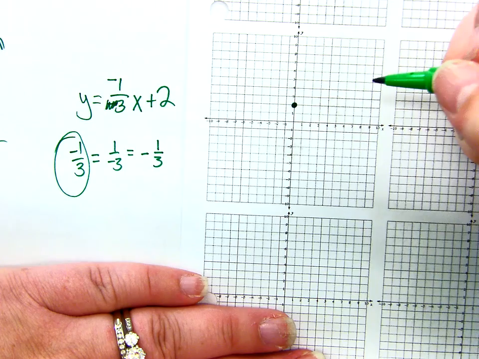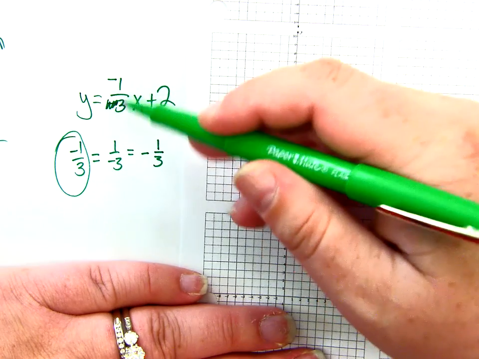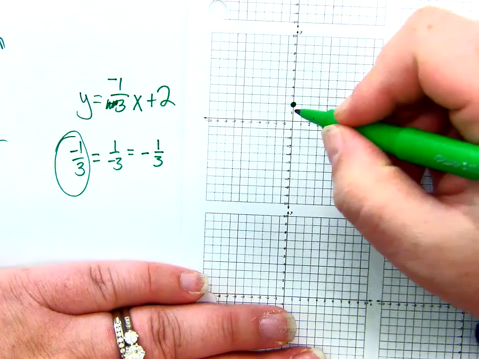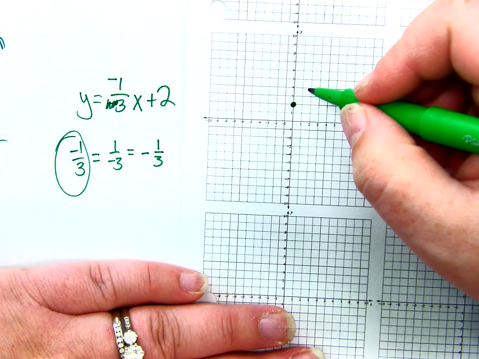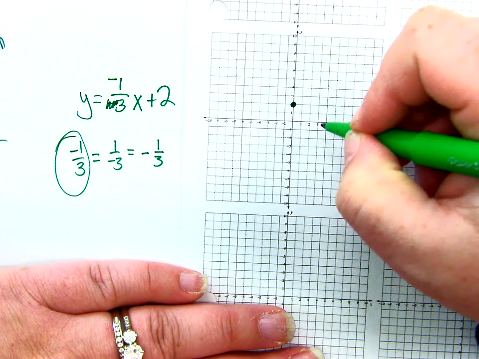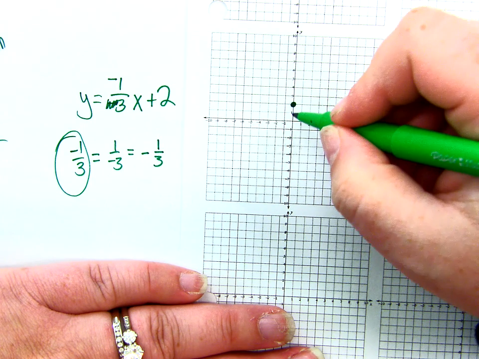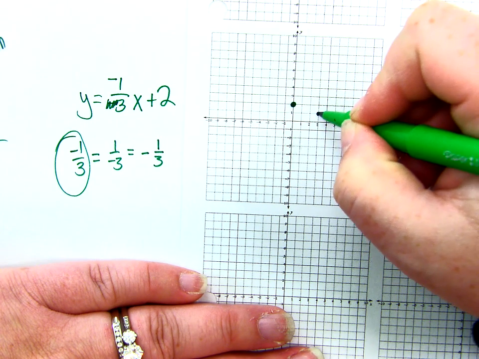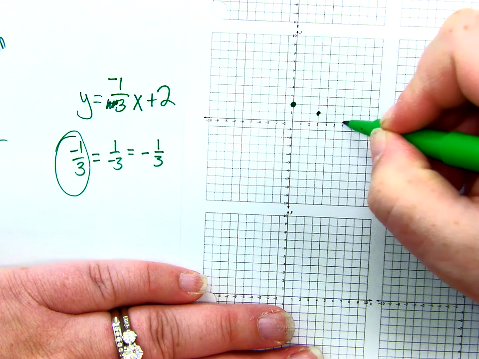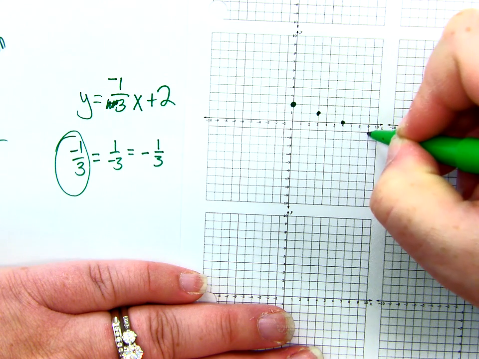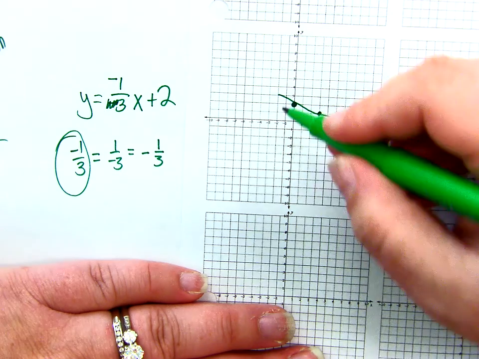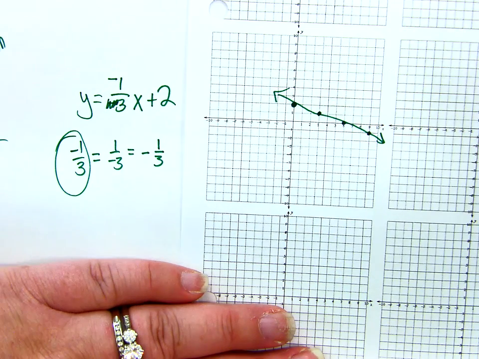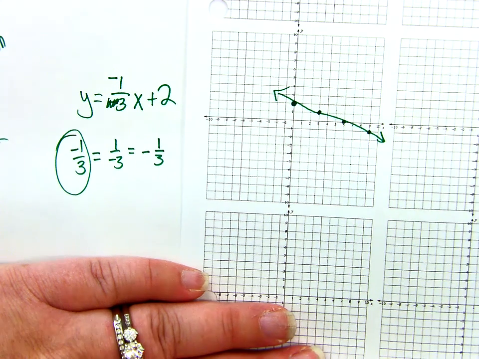And then, according to my slope directions, I'm supposed to go down 1 to the right 3. Always down 1 to the right 3. Down 1 to the right 3. And there you have it. Aren't these nice? I think so. They're pretty easy once you get the hang of it.